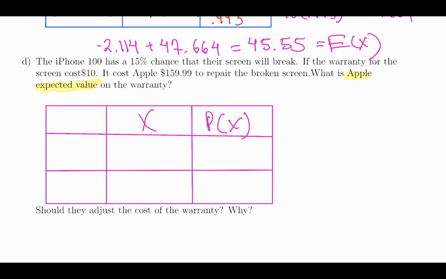What are the two scenarios that could happen for the iPhone? Okay, if you look at it, the two occasions are that they're breaking or not breaking. So we'll put break, and not break.